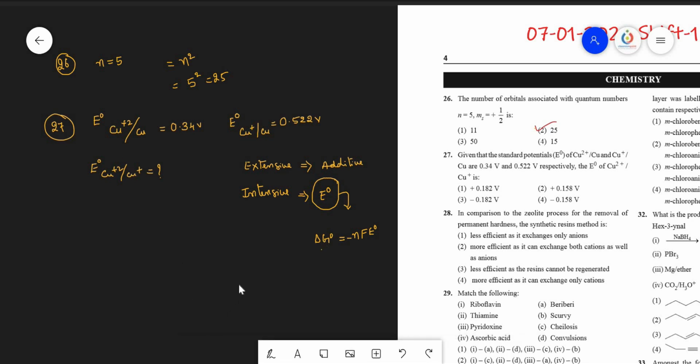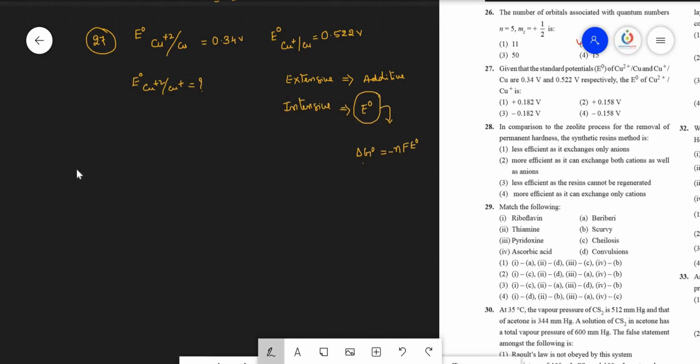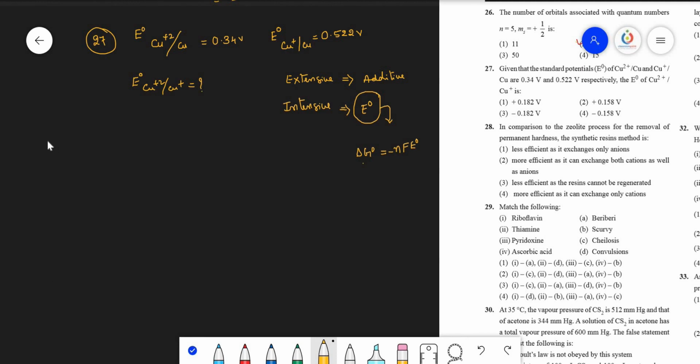First of all, let's write down the information for this 27th question in equation form. Cu plus 2 plus 2 electrons gives Cu. Delta G0 for this first reaction is minus nF E0. n is the number of electrons used, which is 2, so minus 2F times the E0 value given, 0.34 volts. Similarly, the second reaction is Cu plus plus electron gives Cu.